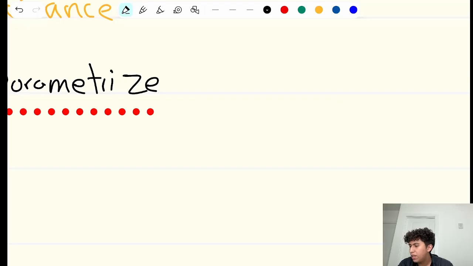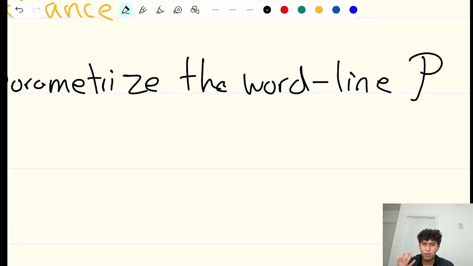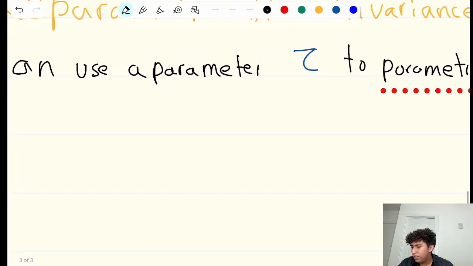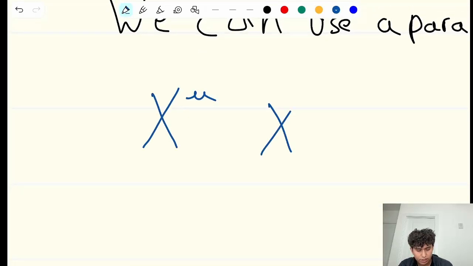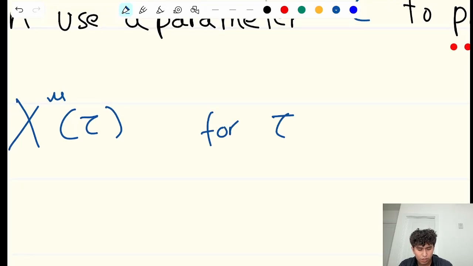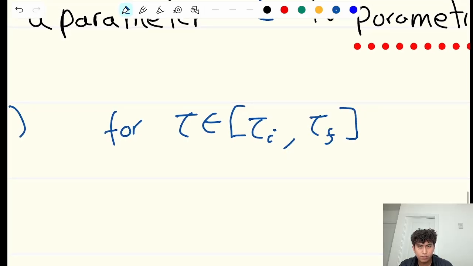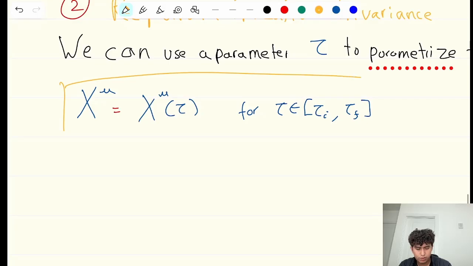We usually call the world line a path, or P, because it stands for path. Parameterization basically just means having the expression for your space-time coordinates written as a function of tau. We did this with proper time, but now we're formalizing it more. And then tau goes from some initial value to some final value. So that's what parameterization means.